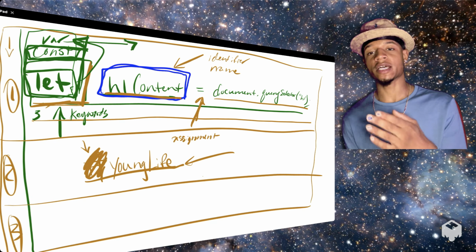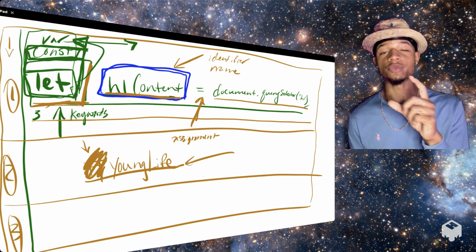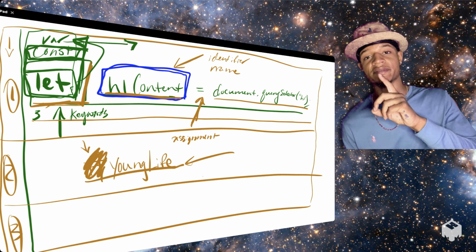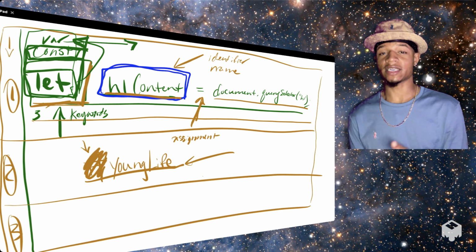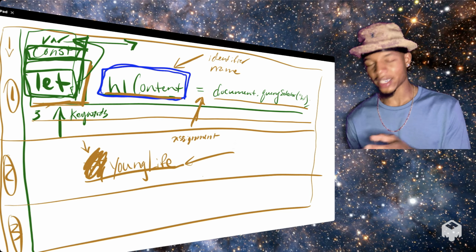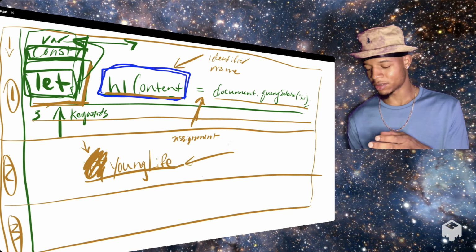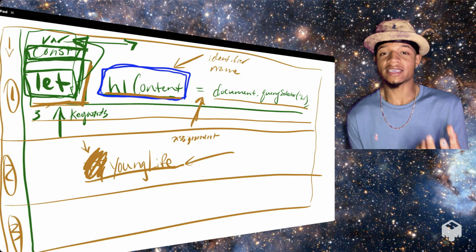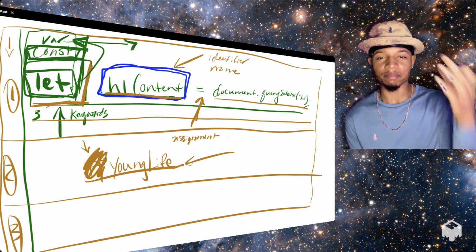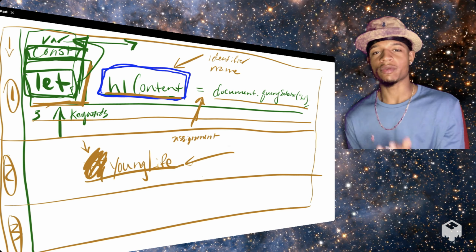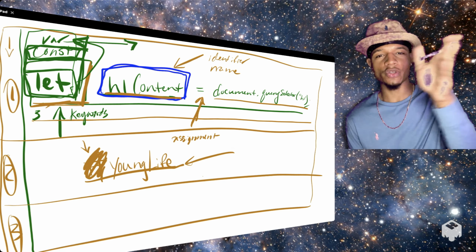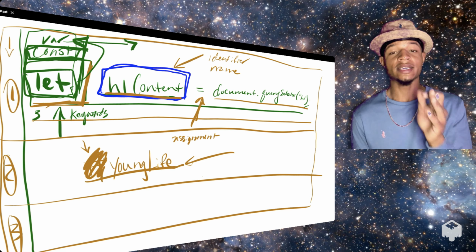And we know that the h1 tag lives in the index.html file. Therefore, this h1Content variable is not putting the data in itself. Rather, it's pointing to where that data lives.